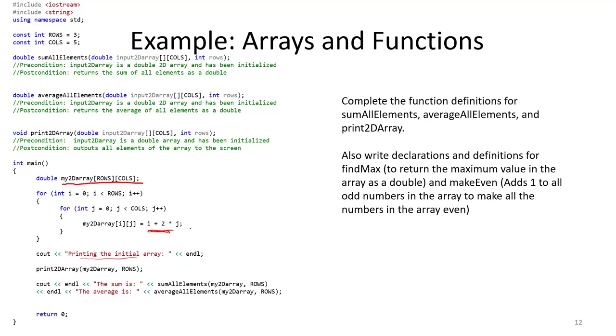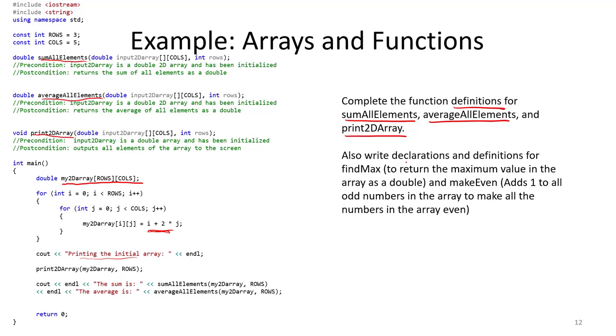But then we also have some functions. Notice we want to complete function definitions for sum all elements, average all elements, and print 2D array. Notice that these functions should return the sum of all the elements, the average of all the elements, or print that array to the screen.